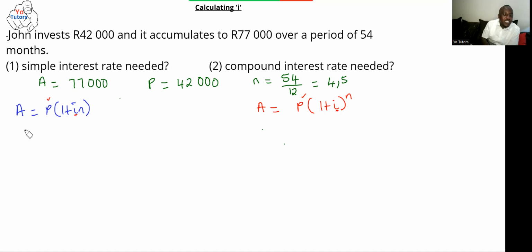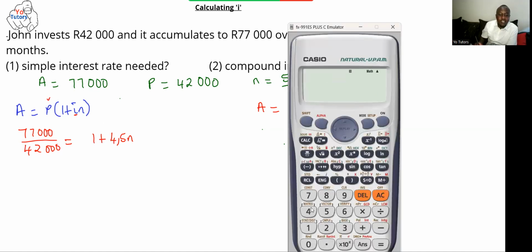So 77,000 over 42,000 is going to give us 1 plus IN, where N is 4,5. We can get rid of the bracket because we took out the P. Now we take the 1 to the other side. 77,000 over 42,000 gives us 11 over 6.